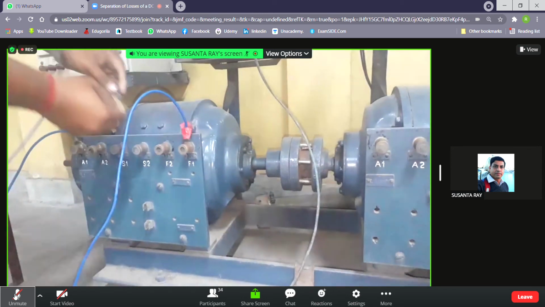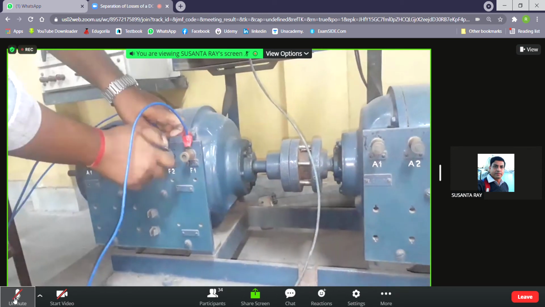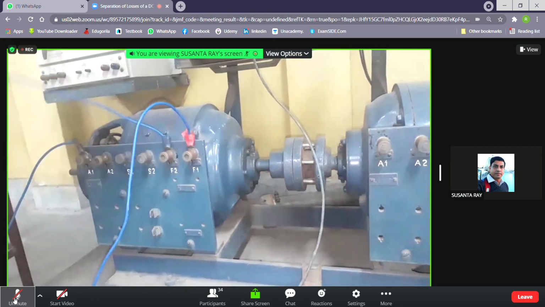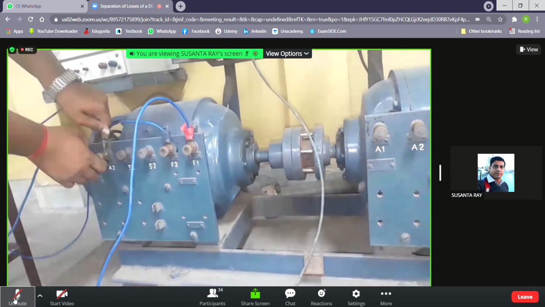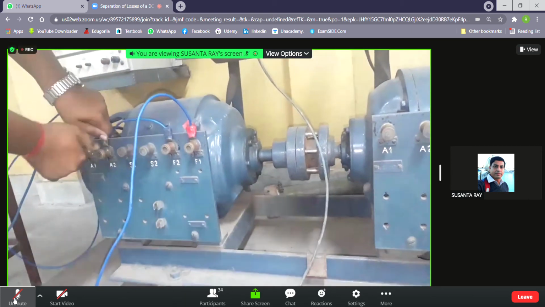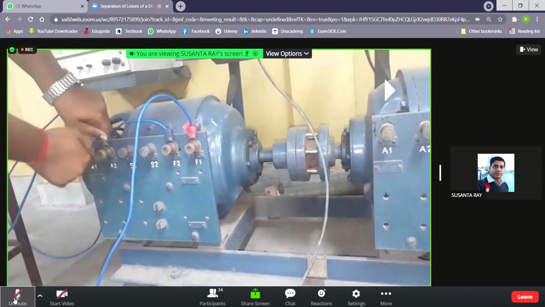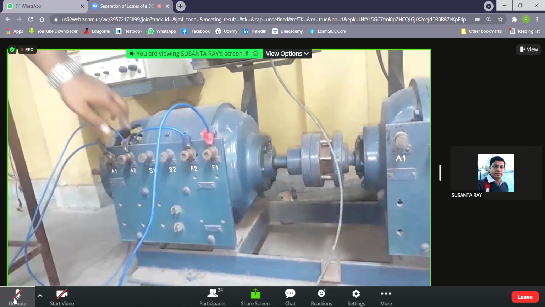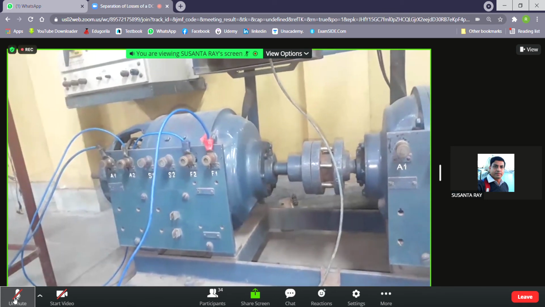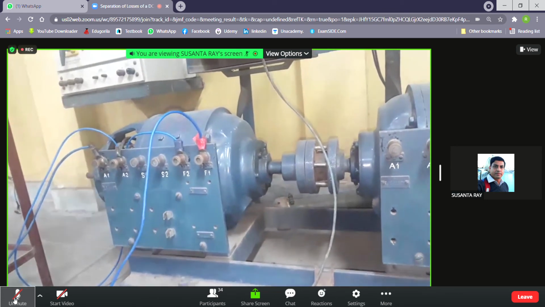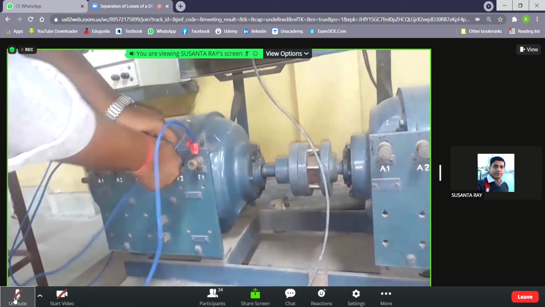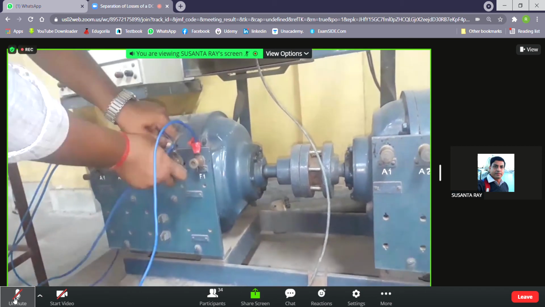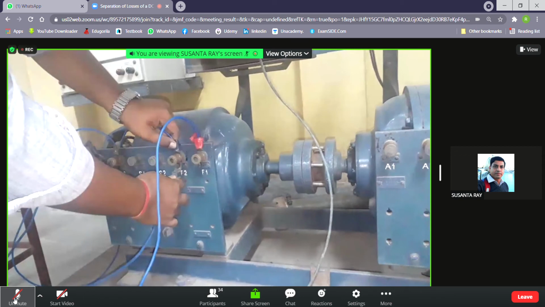And then F2 will be shorted. F2 is being shorted, as I mentioned, and the shorted terminal, so that means either you can bring the connection from F2 or A2. It is similar because both are shorted now.